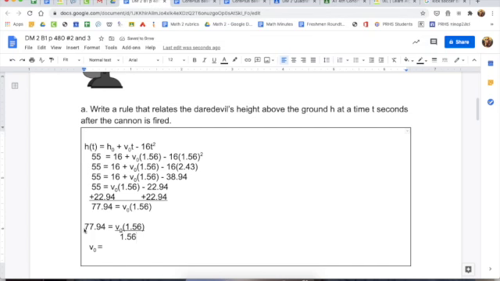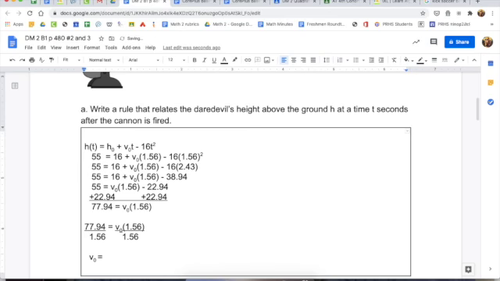And then anything that I do to one side, I have to do to the other side. So now I've divided both sides by 1.56. And I'll need my calculator to figure out what that gives me. 77.94 divided by 1.56, and that is 49.96.